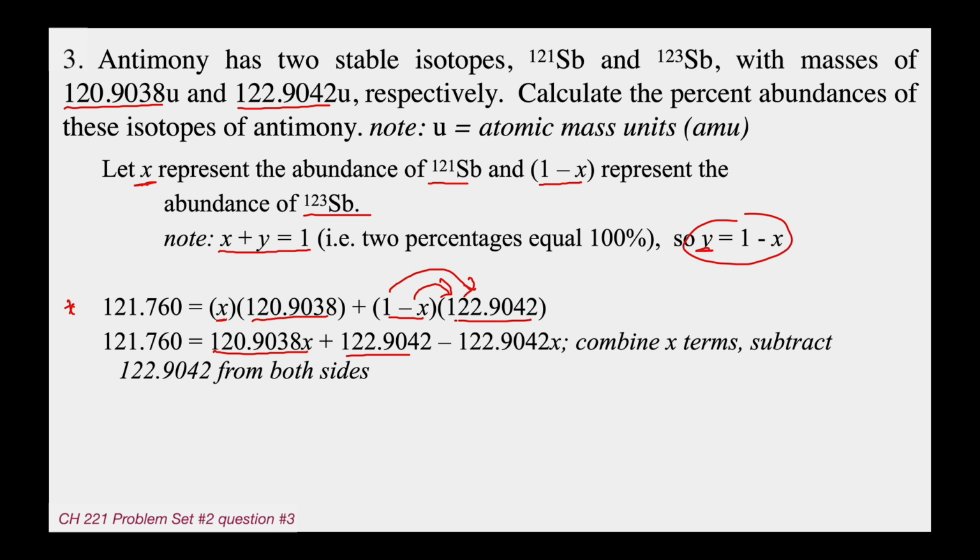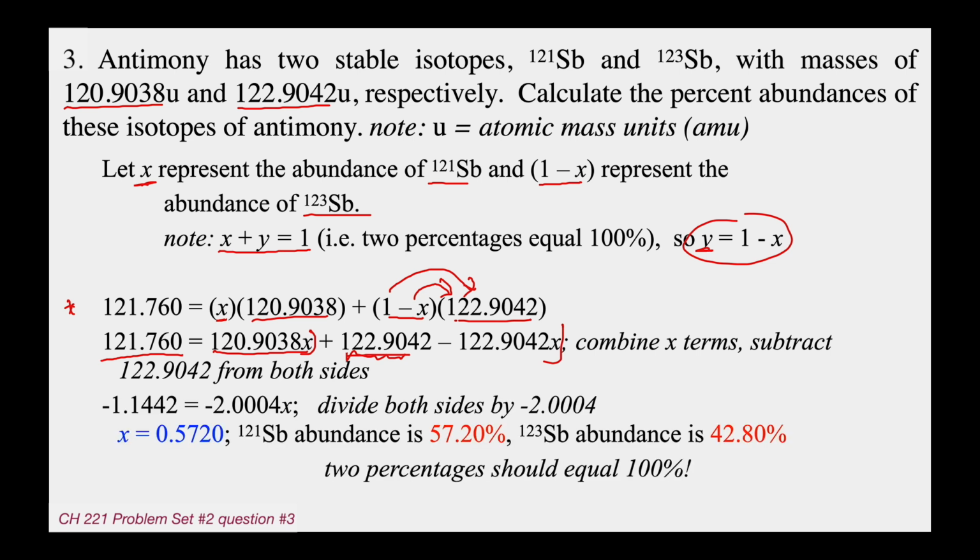So now you can see by this equation, you've got a number, 122.9042, and then you also have two things with x. So you want to combine the x terms, and you want to subtract 122.9042 from both sides. That'll get the 122.9042 out of the right side, and it will combine the numbers on the left.